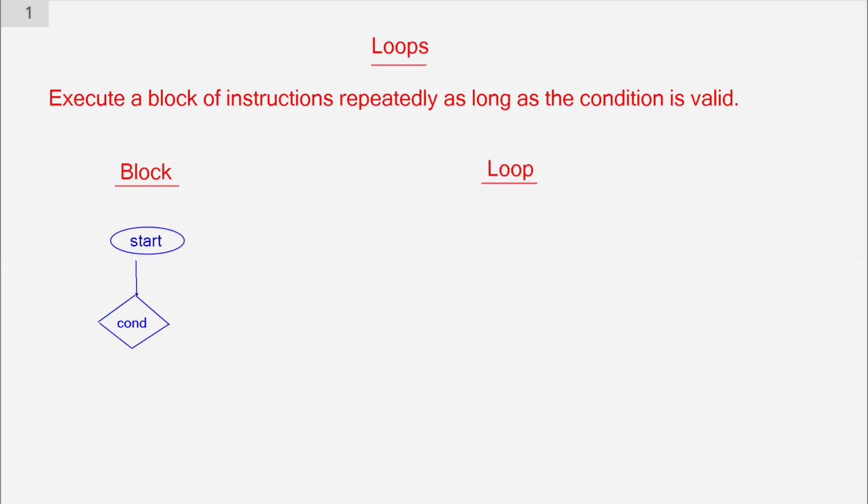If the condition is valid, meaning true, it will execute the block of instructions. After executing the block, it will terminate and go to end. How many times does a block execute? Only one time it will execute.